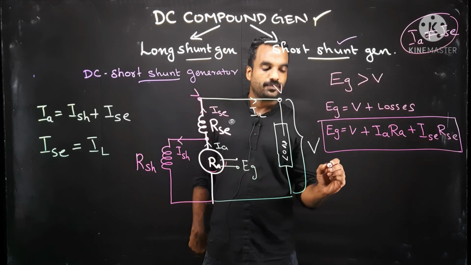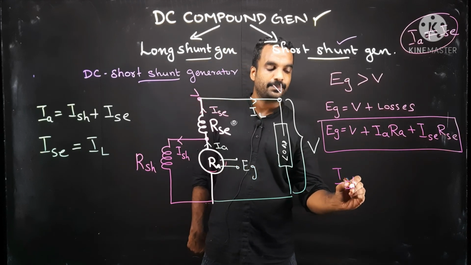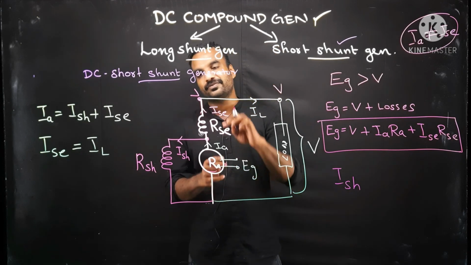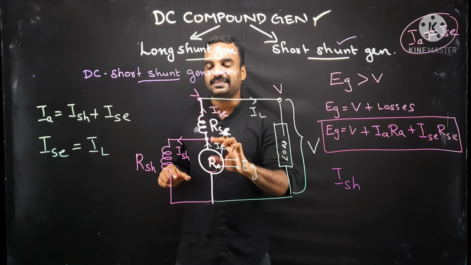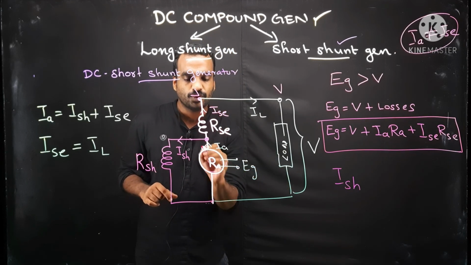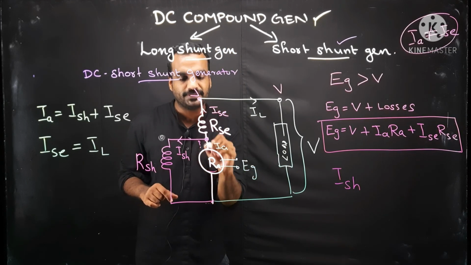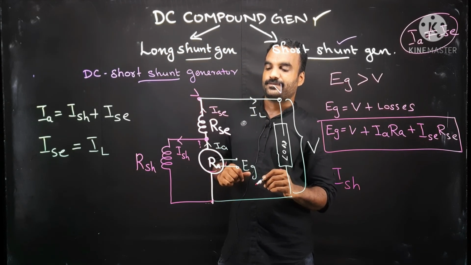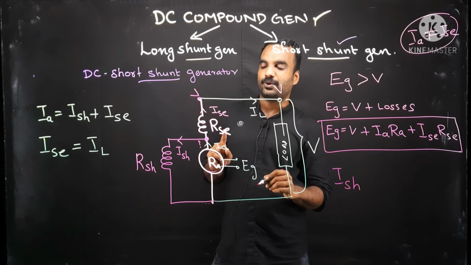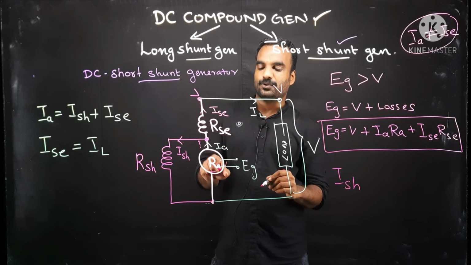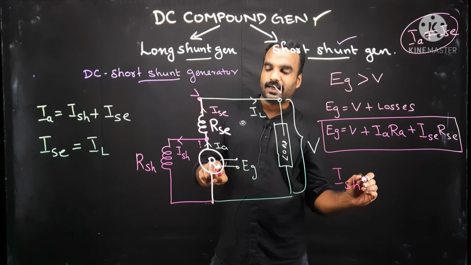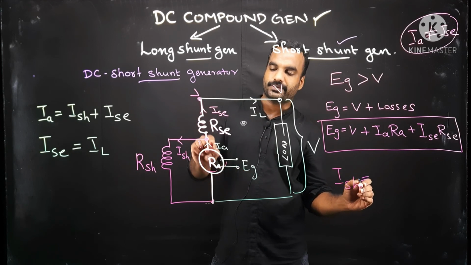Now let me ask you, what is the expression for ISH? Previously it was V by RSH. Now it is not V by RSH because V is here, but RSH is connected at this node. So you want to find the voltage of this node. Is it EG? No. There is one loss, the IA RA loss. So this node's voltage will definitely be less than EG because current is flowing outward from higher potential to this node.